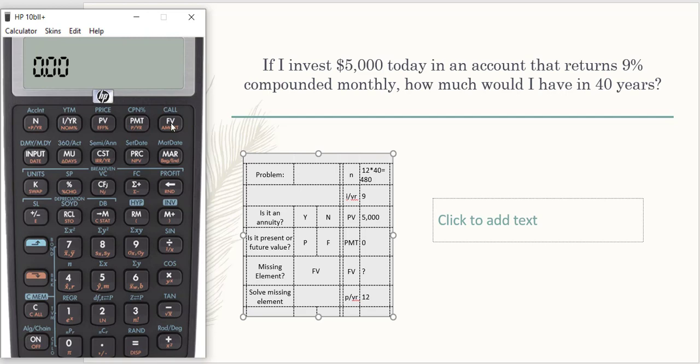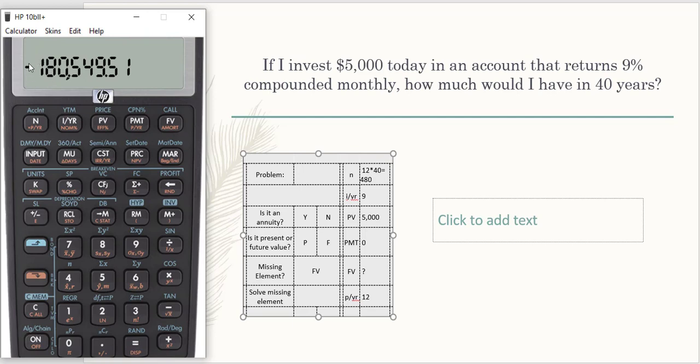My future value is unknown, so if there's a question mark there, I don't plug anything in. The next thing I have is 12 payments per year, so orange, PMT. And then the last step is to push the button that I am looking for, so I'm looking for future value.